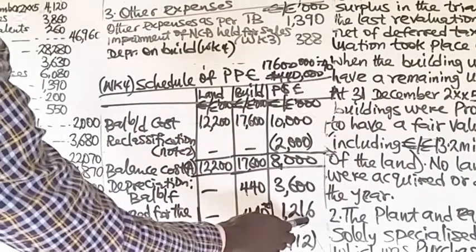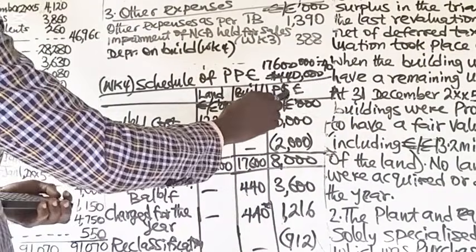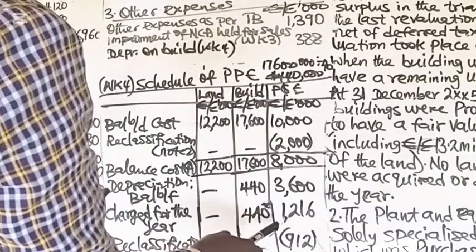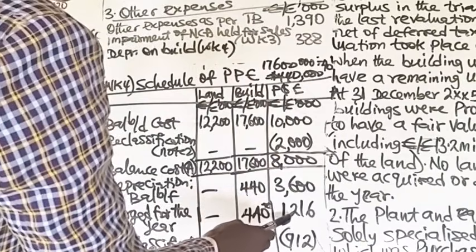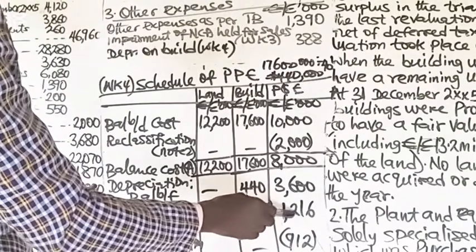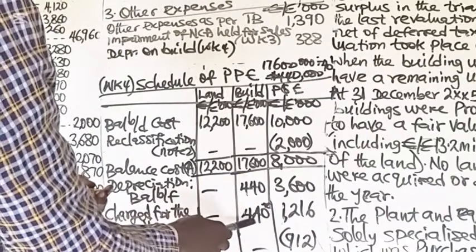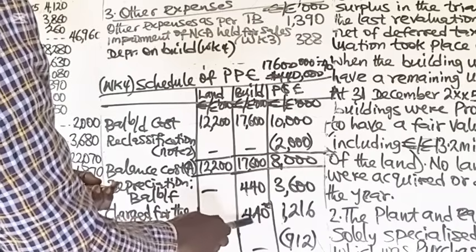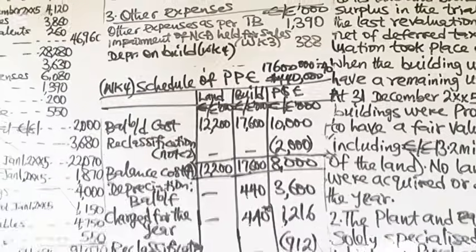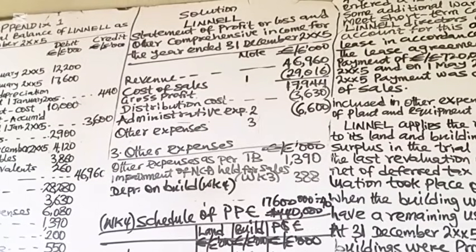This has been included in the cost of sales by virtue of the requirement of the question. We were told in note 2, additional information number 2, that depreciation on the plant and equipment is to be charged to cost of sales, and that is why this has been included in the cost of sales. And this one, depreciation on building, is to be included in other expenses, you have been told. So now 440 depreciation will be included in other expenses.